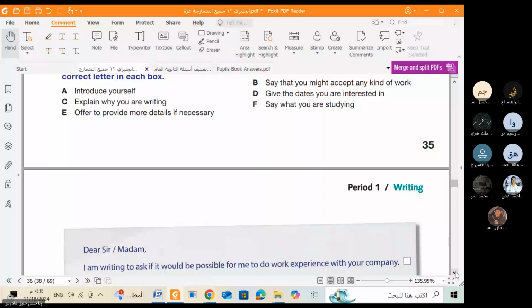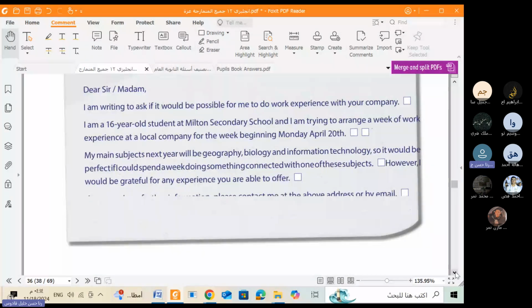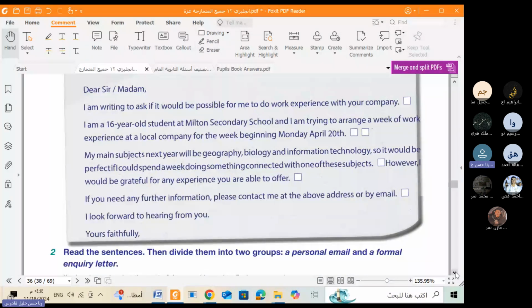Yeah, we have the letter. This is a general inquiry letter to a local company. We are going to decide which of the purposes above are for each statement. For example, "Dear sir or madam, I'm writing to ask if it would be possible for me to do work experience with your company."